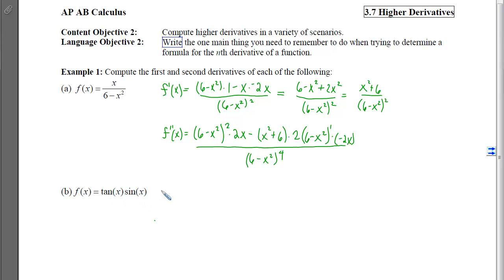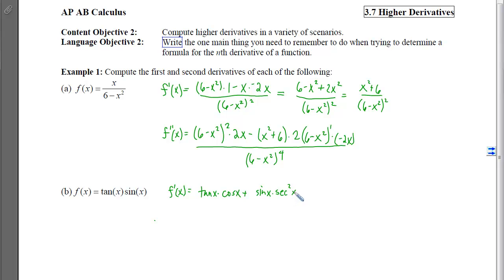If we look at this next one, we have f of x equals the tangent times the sine. So my derivative would be the first one times the derivative of the second one plus the second one times the derivative of the first.